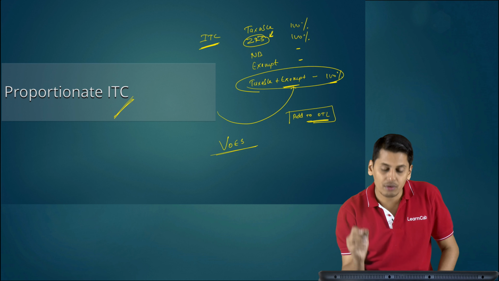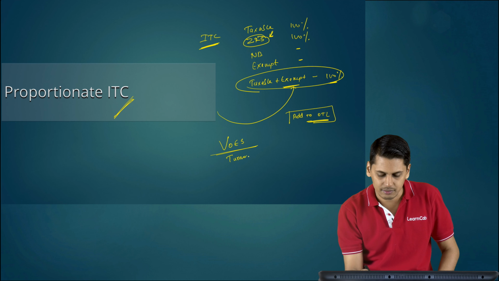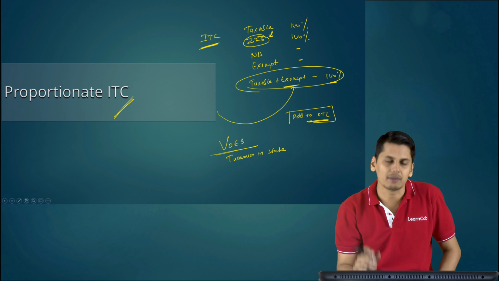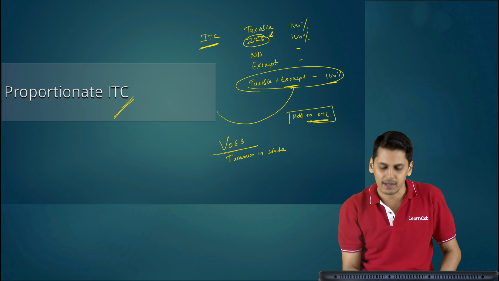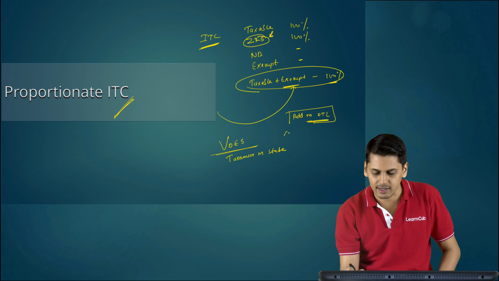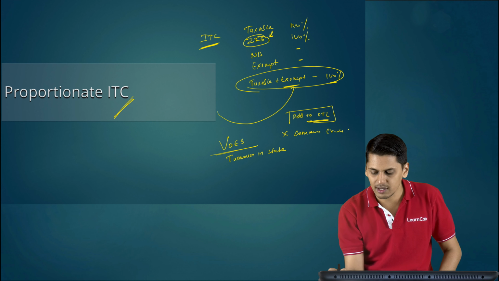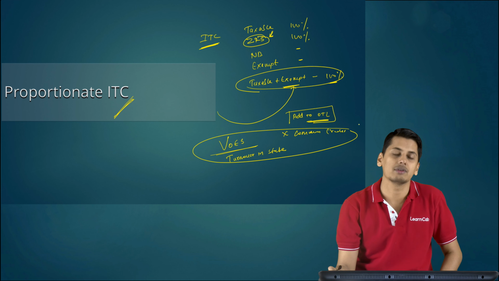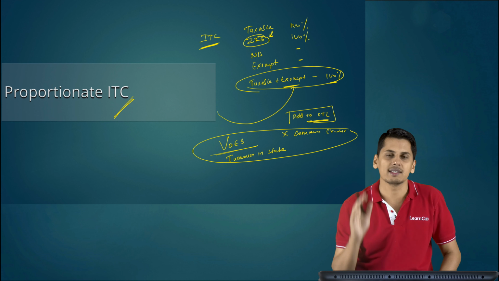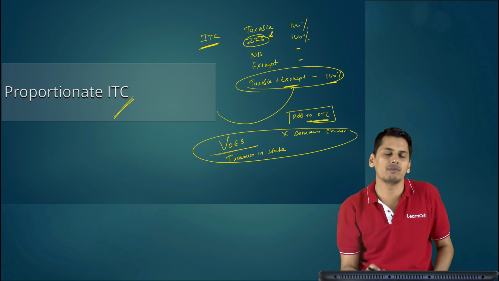It is value of exempt supplies divided by turnover in the state, multiplied by common credit. The common credit is the credit which you have used for making taxable as well as exempt supply. So, this is the basic what we have discussed.